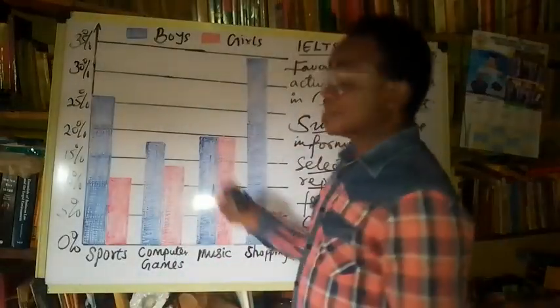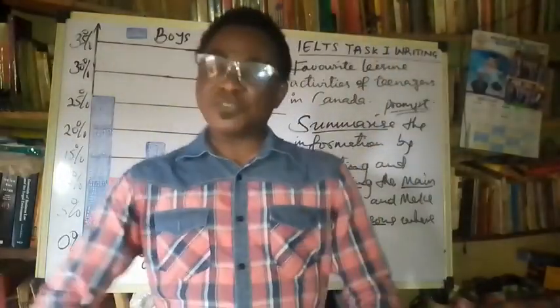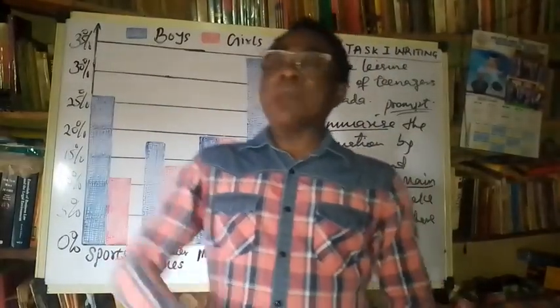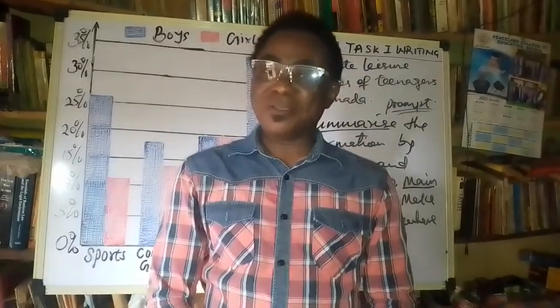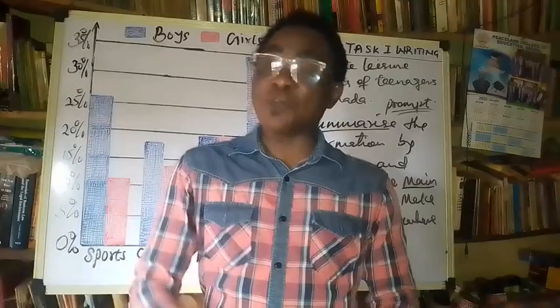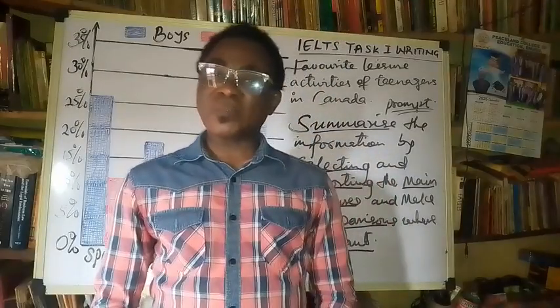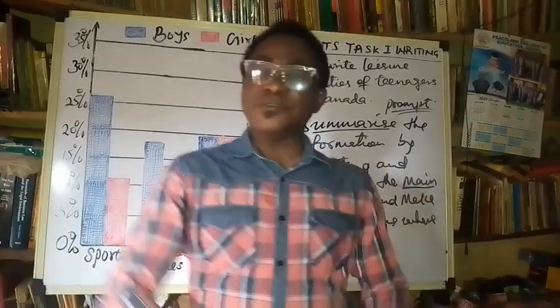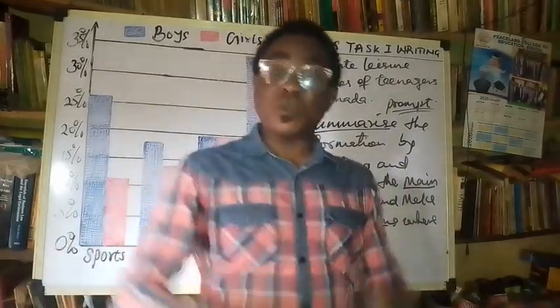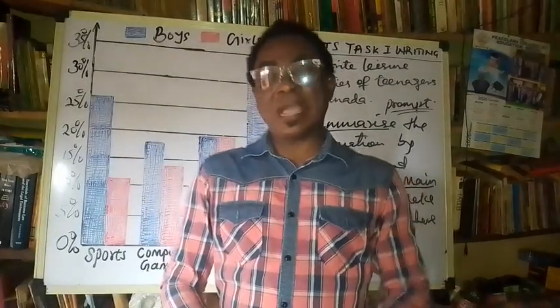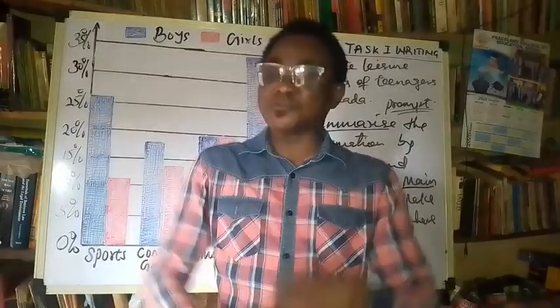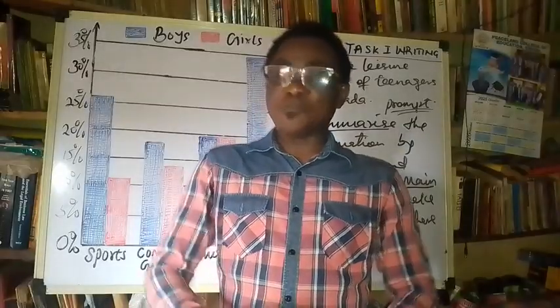Remember that in this graph, we are studying the amount, you could say the number of boys and girls of teenage age that took part in 4 different leisure activities. Those are the values we are studying. Amount, that is number of, quantity of boys.